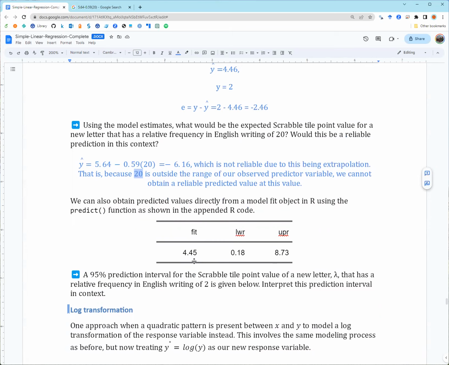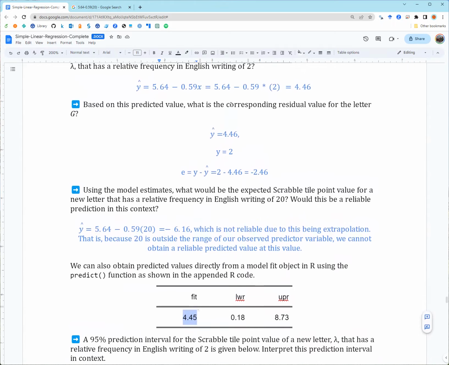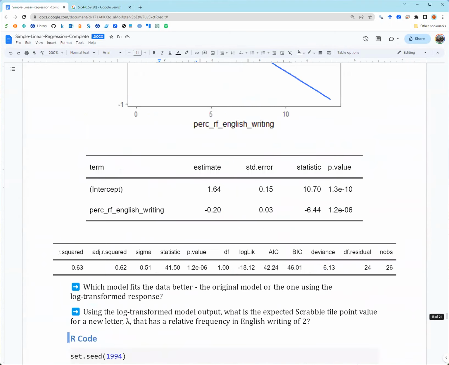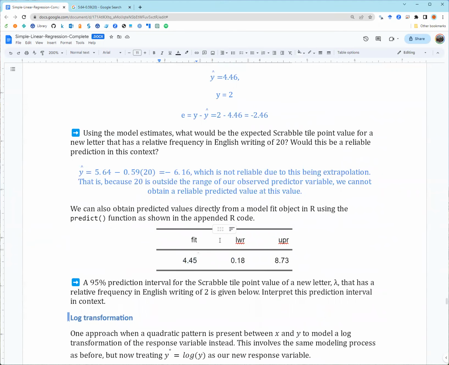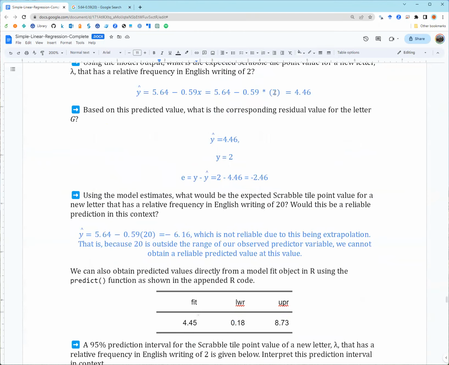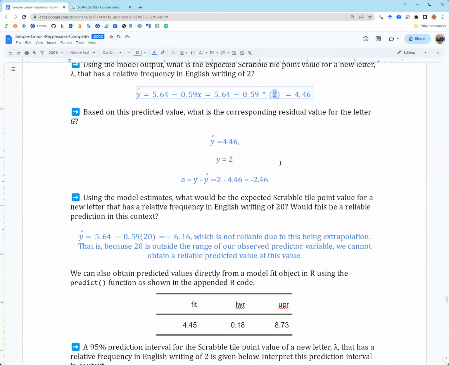So we got this predicted value from R now. We got it by hand before, but if you use the R code at the bottom of the document, you can get a table that has the predicted value at a percent relative frequency of 2.